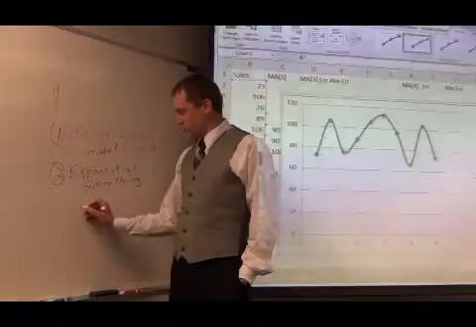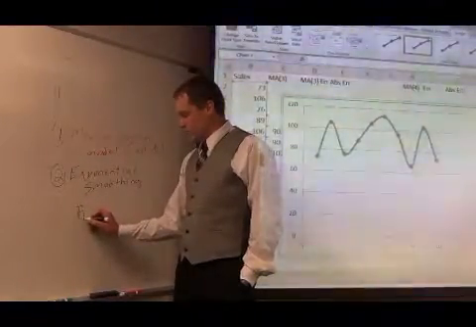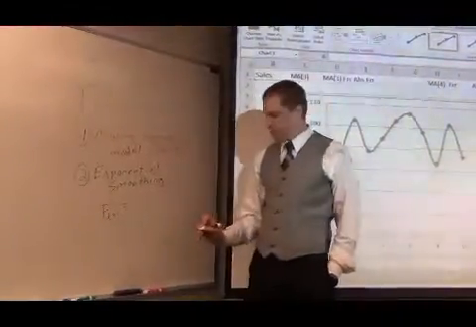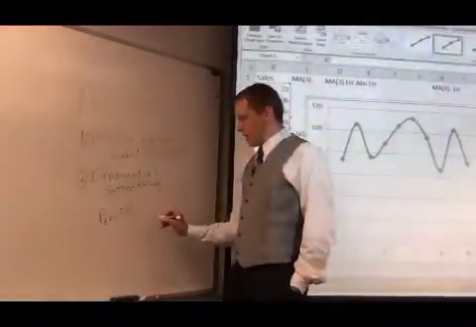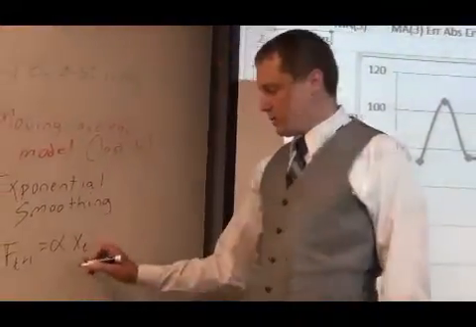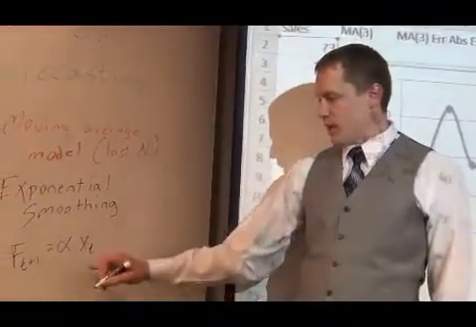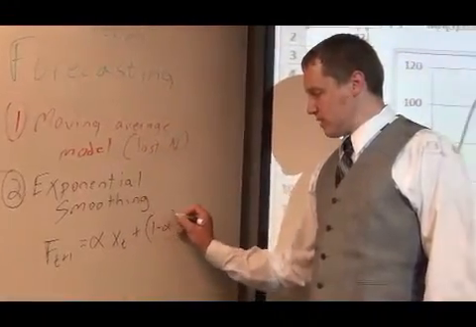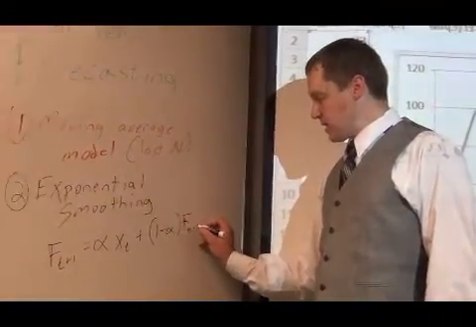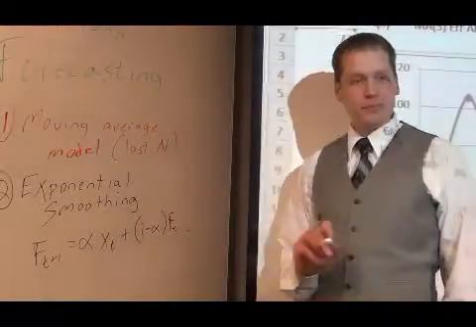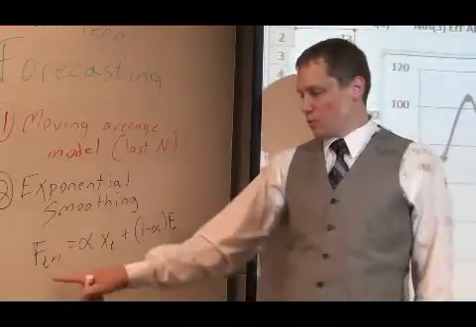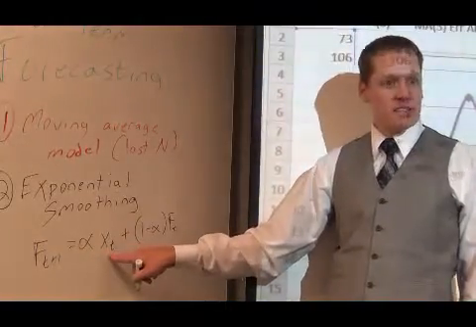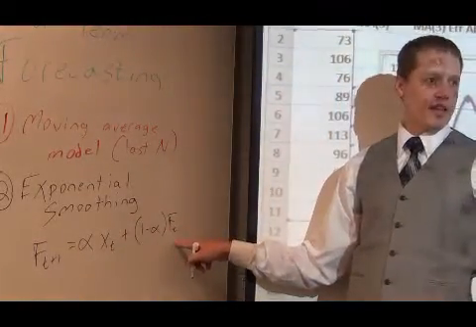So we're going to make our prediction, or our forecast, say for time t plus 1, as some value alpha times the last value we observed, we'll call that x_t, plus 1 minus alpha times the last prediction we made. So we're predicting the future as a weight between the recent past and the prediction we used for that.